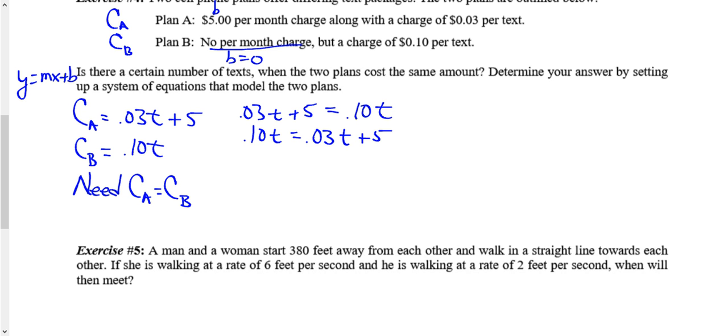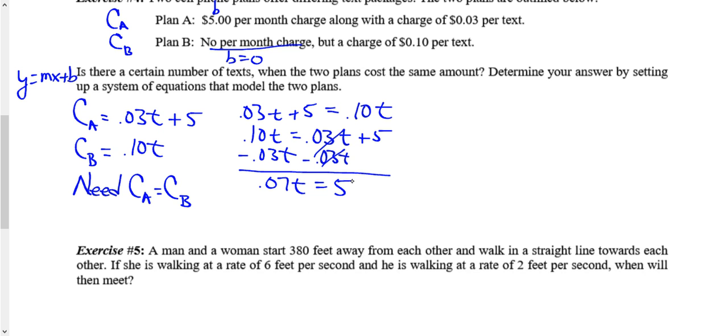Subtracting 0.03T gives us 0.07T equals 5.